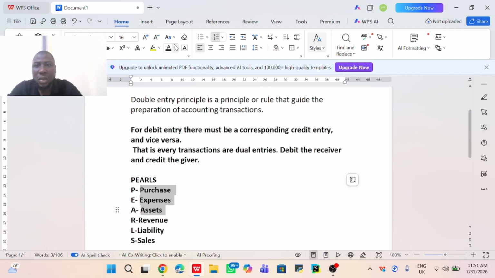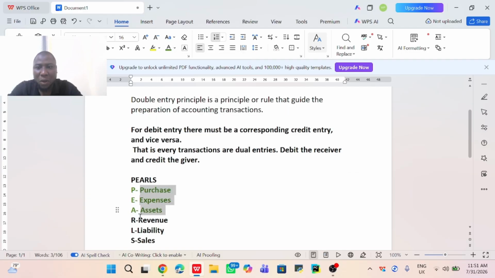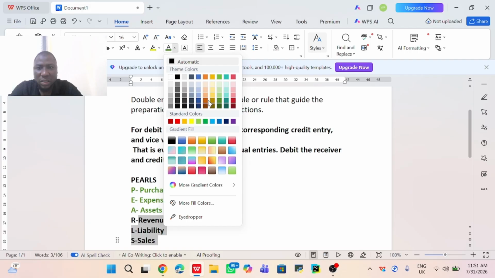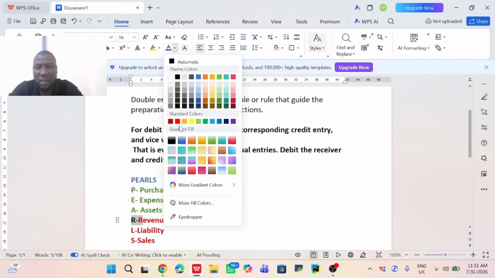All these will be on the debit side, while all these will be on the credit side.